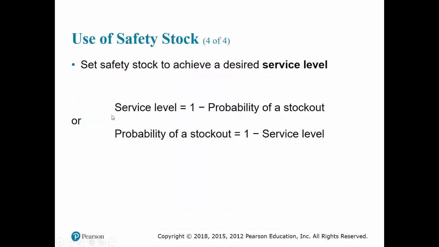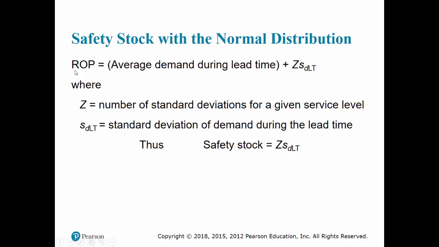So you have to specify the service level, which is 1 minus probability of stock out. Then ROP is the average demand during lead time, and then you add a safety stock, and you get Z from the service level that you desire, from the normal probability distribution, since we are going to assume that demand during lead time is normal.